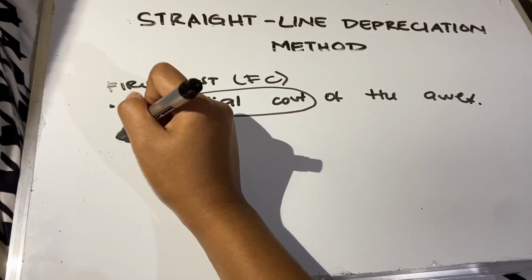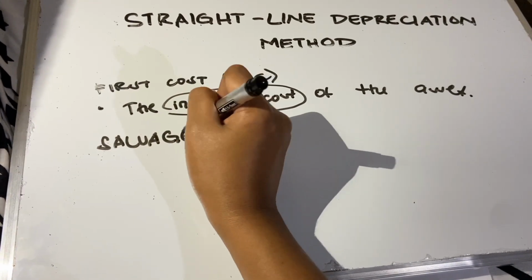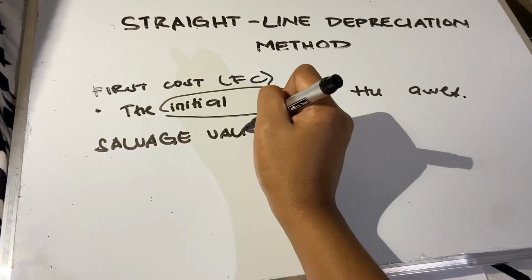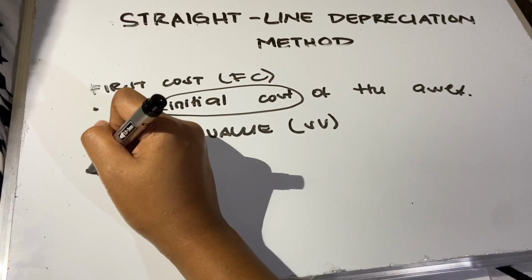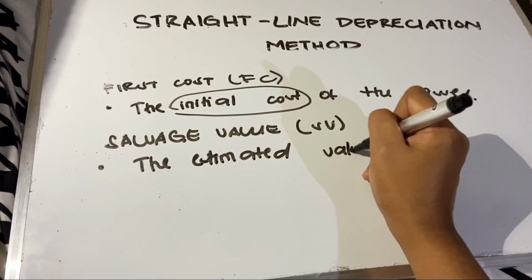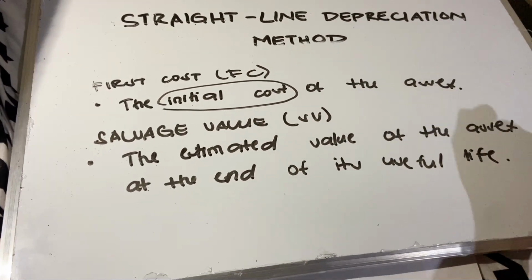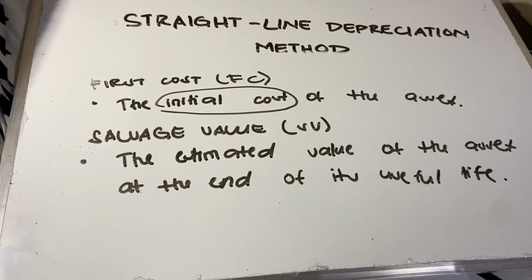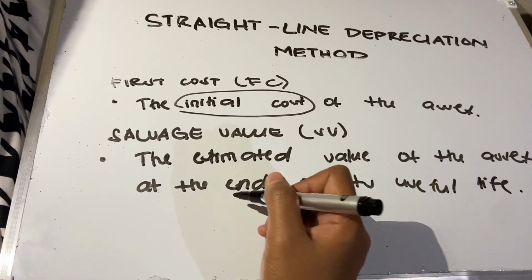Next is the salvage value, or the SV. So the salvage value is the estimated value of the asset at the end of its useful life.